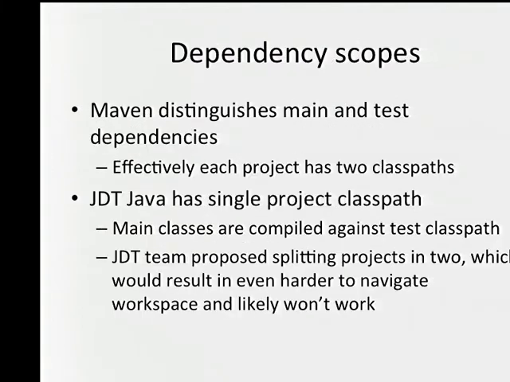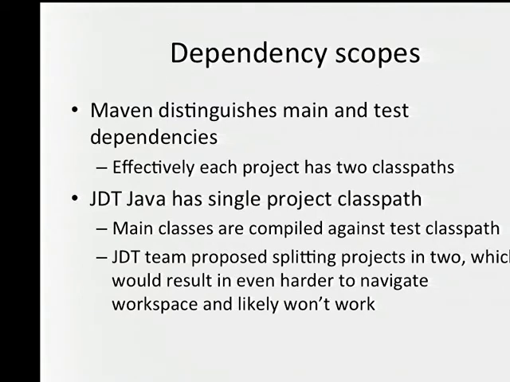Another problem here with classpath management is that Maven distinguishes main and test dependencies. So effectively, each workspace project has two classpaths, one for compiling main classes and another for compiling test classes. And there is simply no way to express this using current JDT APIs.